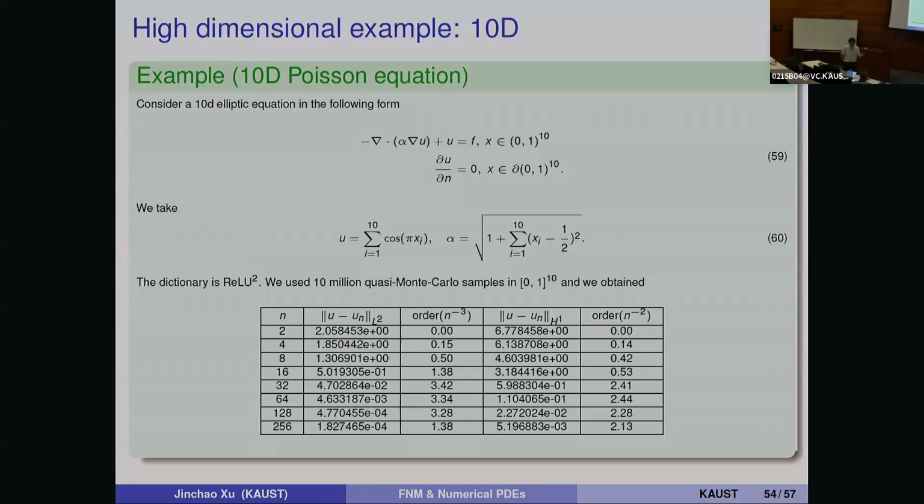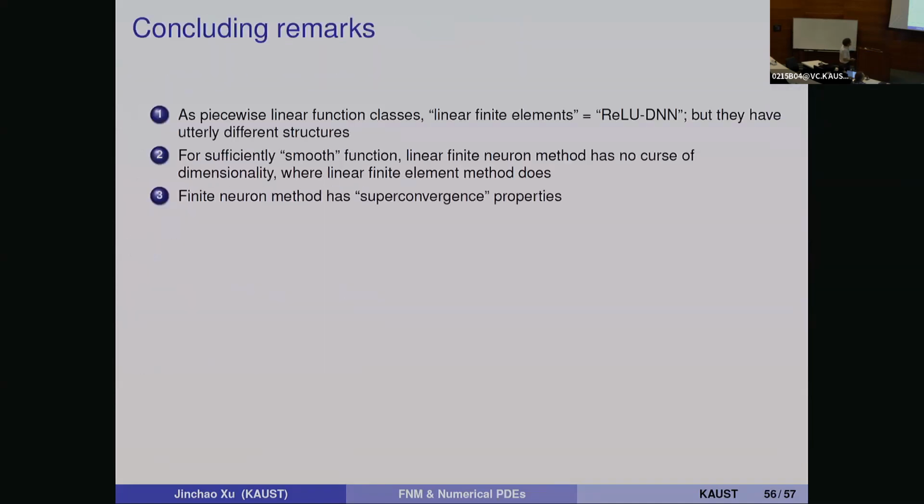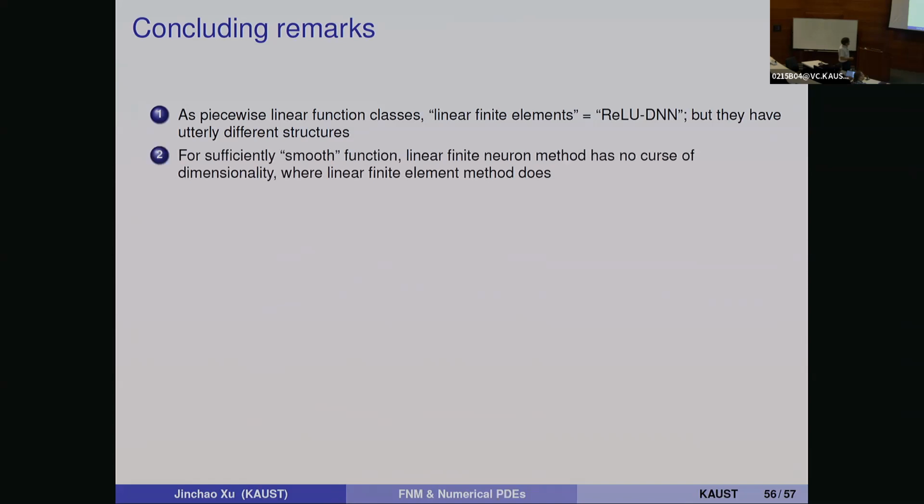There are lots of very good people, top people working in this business, but I'm relatively new to the high dimension problem. I think I want to conclude by saying that one of the things I said to begin with, that finite element and ReLU DNN as a function class are the same, and theoretically you have no curse of dimensionality only if the function is very special.